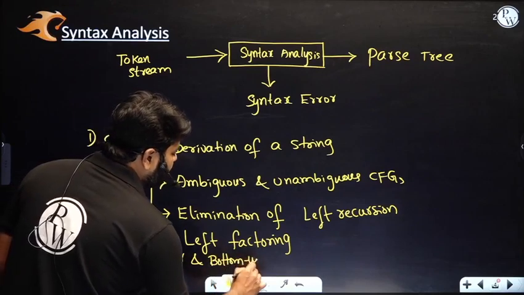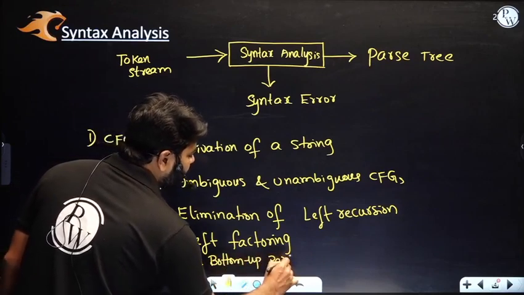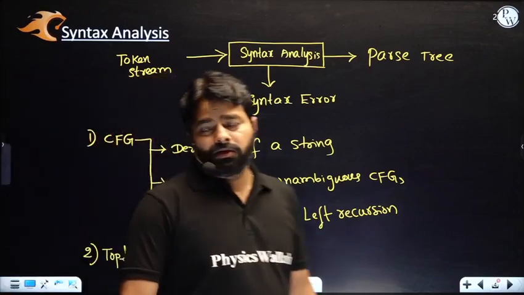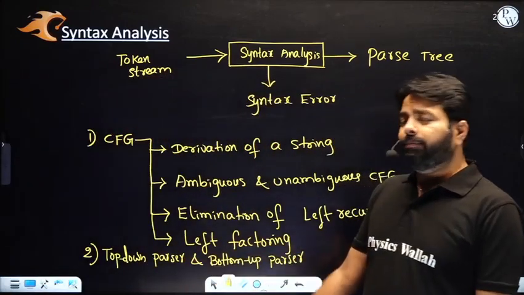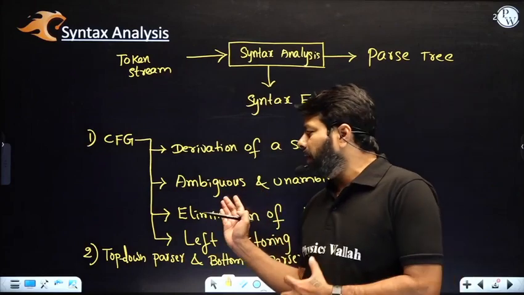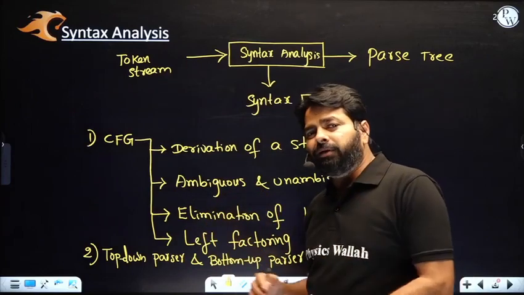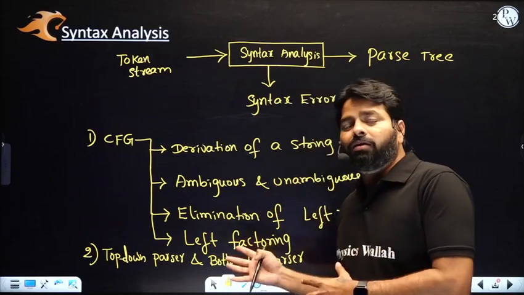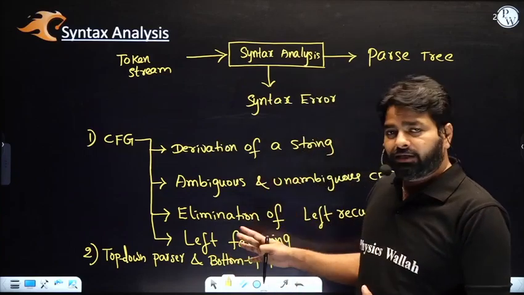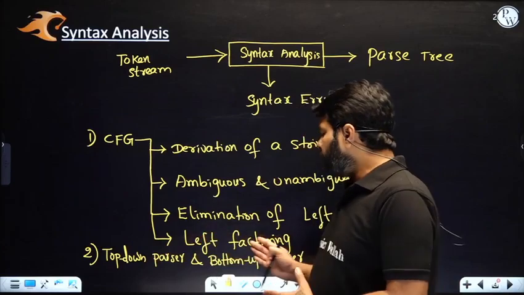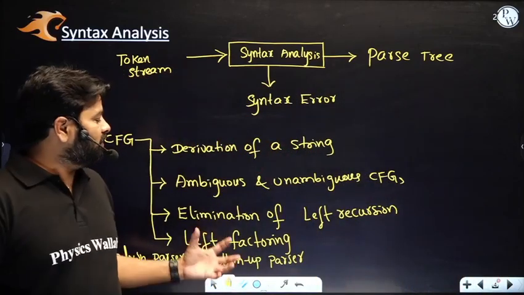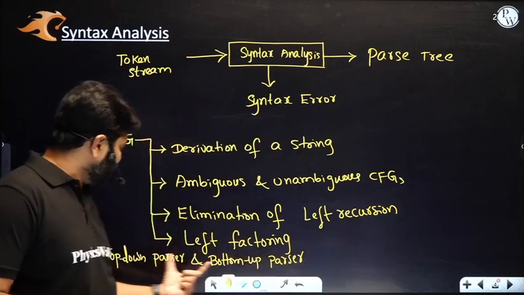That's our interesting topic in this syntax analysis. So both are equally important. Sometimes they will give you a grammar and ask you to identify whether it is ambiguous or not, whether it is LR1 or not, whether it is LL1 or not. So you are required to identify it. In the top-down parser and bottom-up parser, we will be constructing the tables and identifying the grammars. We are going to do a lot in that second topic.